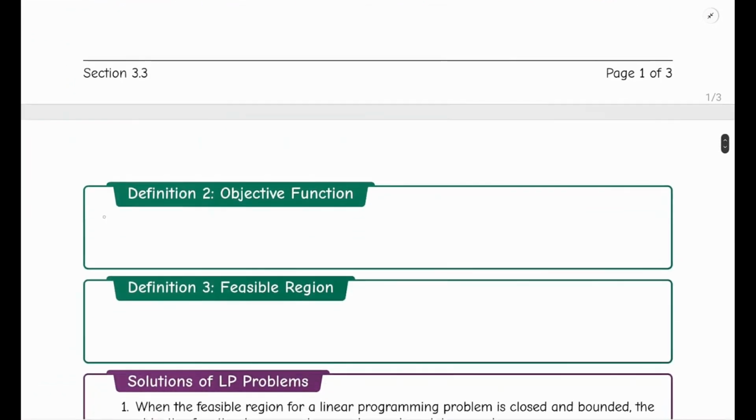The objective function. This is the function we are trying to optimize. Now, optimize is just the catch-all word to say minimize or maximize.